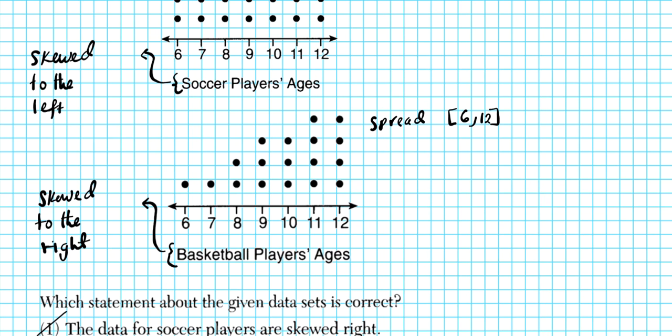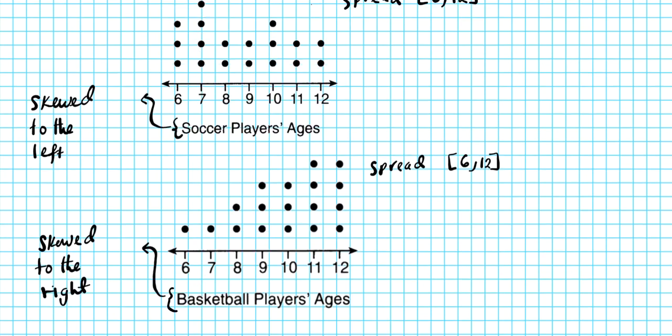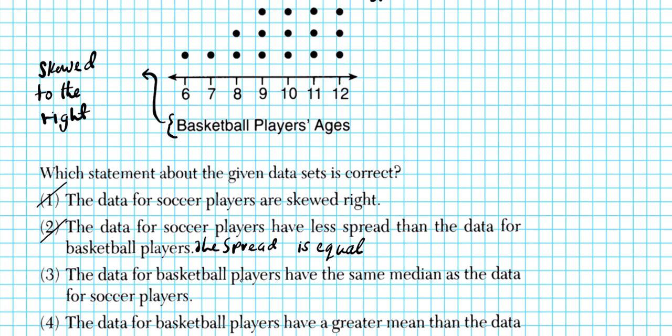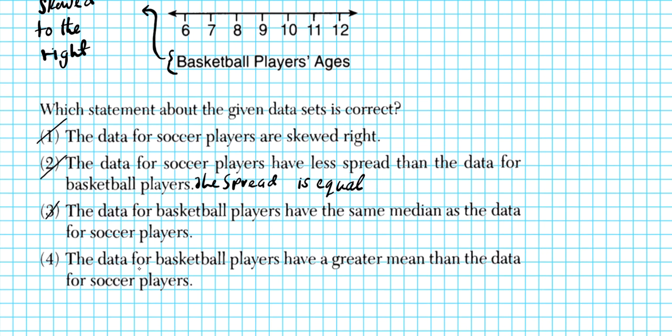So are they going to have the same median? Absolutely not. One is tilted to the left and one is tilted to the right because of the skew. Last option: the data for basketball players has a greater mean than the data for soccer players. That should be the correct answer based on elimination.